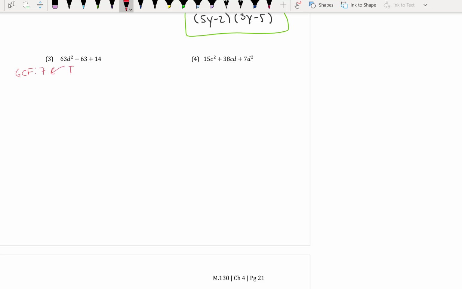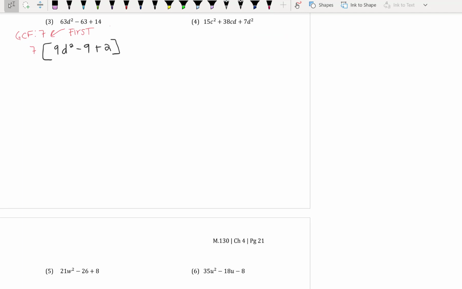So I need to do this first before I do the AC method. So I have my 7 that I'm going to factor out. So 63 divided by 7 is going to give me a 9d squared minus 9. And 14 divided by 7 gives me a positive 2. And now my numbers are a lot smaller when I do my AC method.